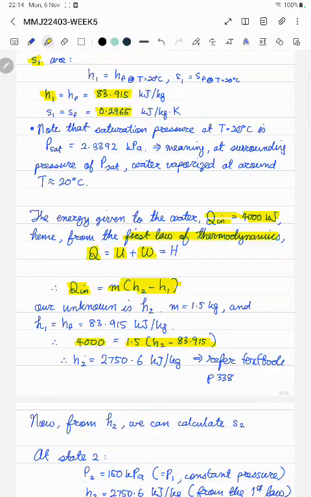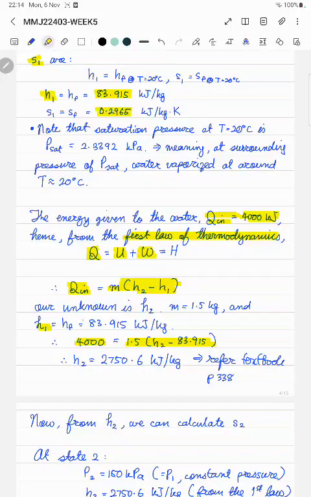So we have 4,000 kilojoule. Remember to use the same order of magnitude in the equation. We have H1 in kilojoule, so the Q in, the heat addition, is also in kilojoule. We have to make sure that the energy units are consistent.